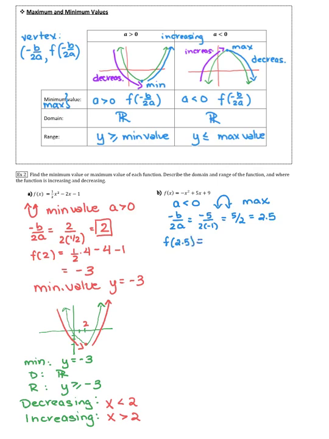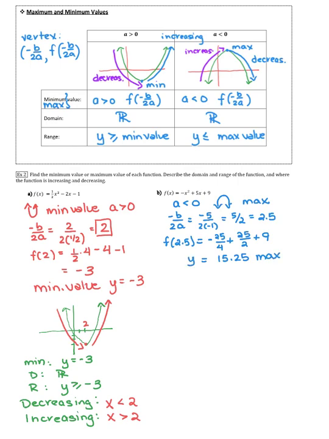So this is definitely one where you might want to use your calculator. So when I plug in 2.5, that means what I have here is negative 5/2 squared, which is 25/4, plus 5 times 5/2 is 25/2, plus 9, and when you work that out, that gives you 15.25. That is going to be your maximum value.